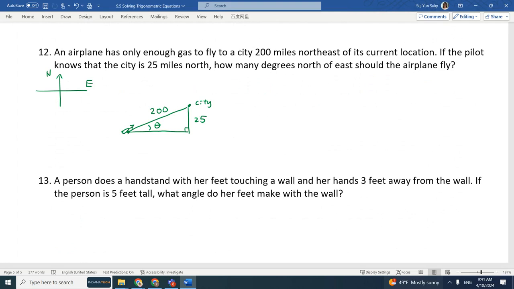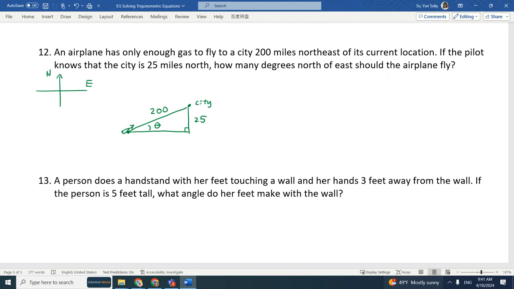The airplane is right here. It wants to fly to a city 200 miles northeast. But we don't know which angle it is, right? But we know the city is 25 miles north of it. How many degrees north of east should the airplane fly?